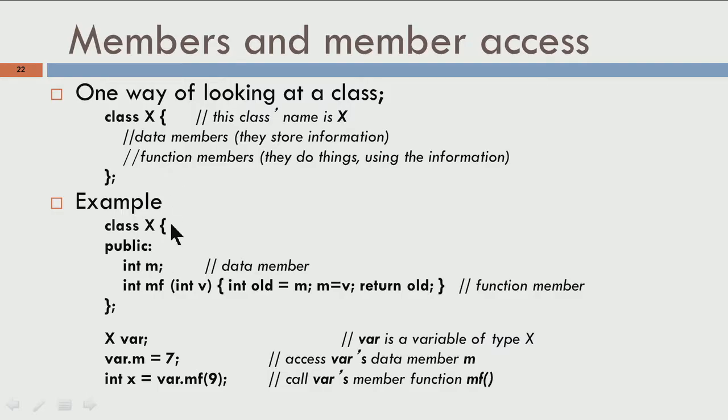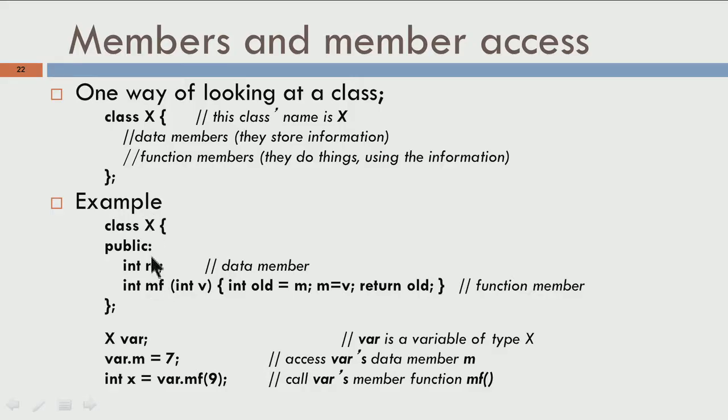So, let us see a small example here. Class X, and class X has int m, which is a data member, and int mf of int v, which is a function or a method. So, we have a basic data type inside it and we have a method inside it. So, that is a class.